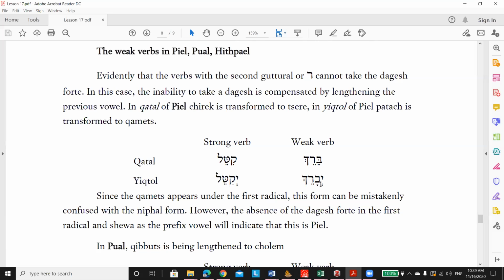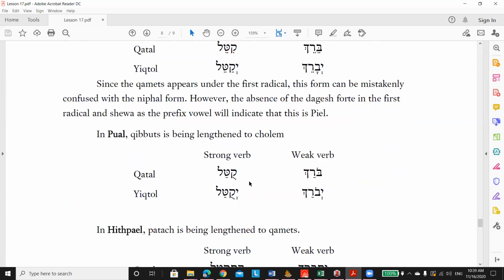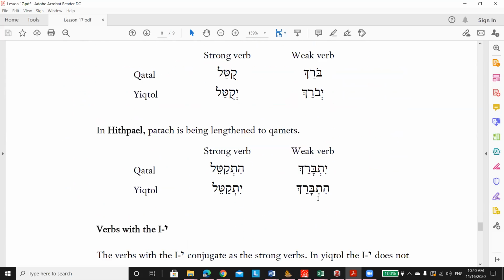Do you see, this shva is an indicator that this is either Piel or Pual or Hithpael, because all these three stems have the same prefix with the shva. In Pual the same happens, but in this case, kibbutz is lengthened to cholem, and it will be borach, and the same happens in yiktol. In Hithpael, the same patach is lengthened to kametz.